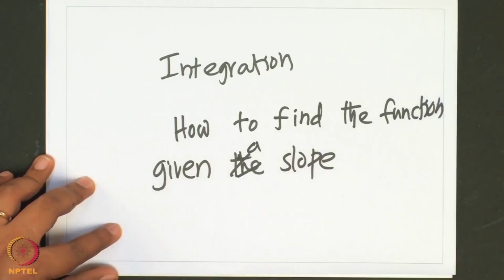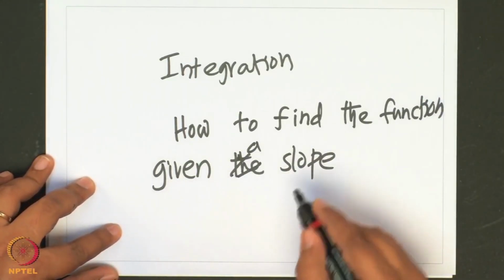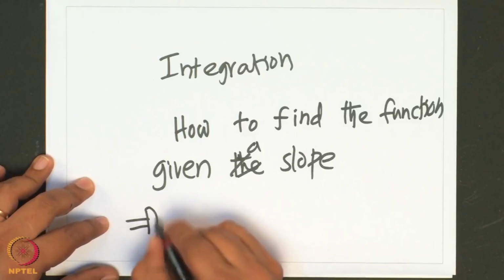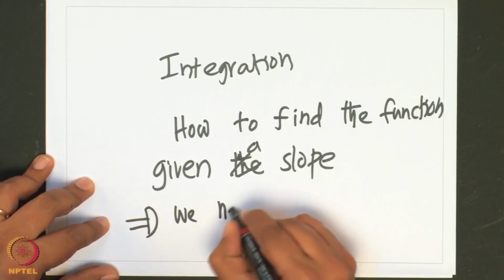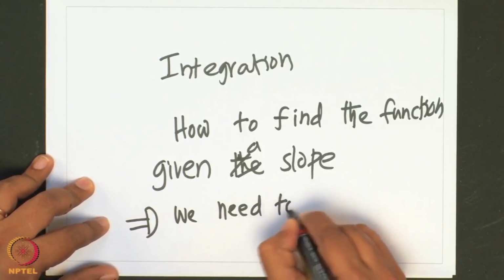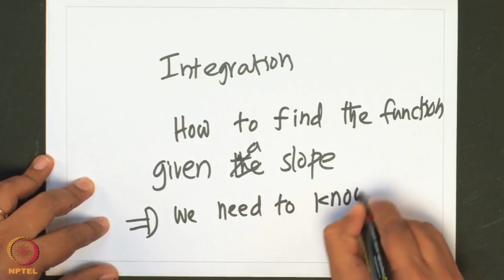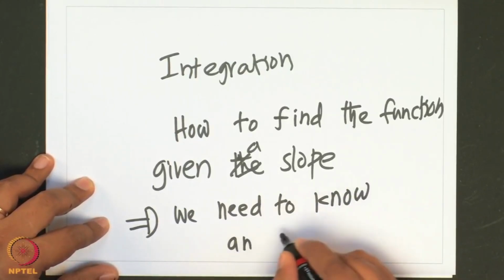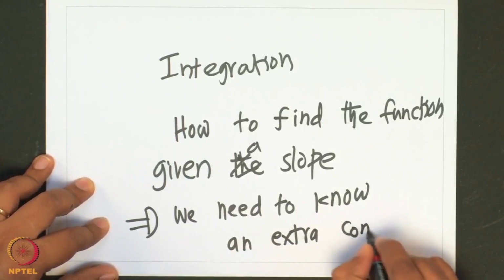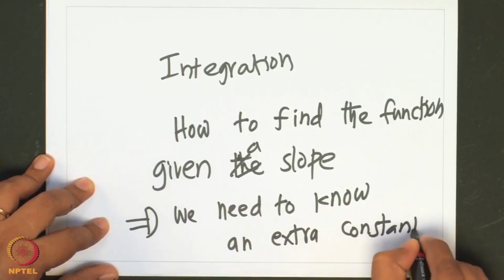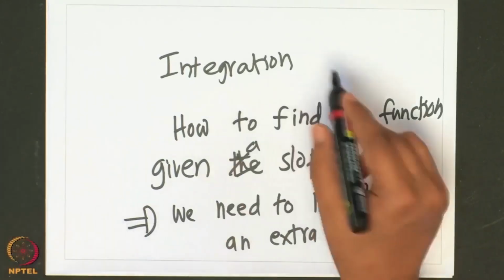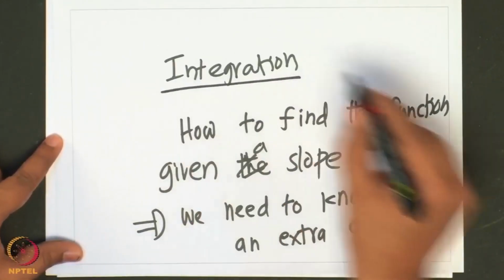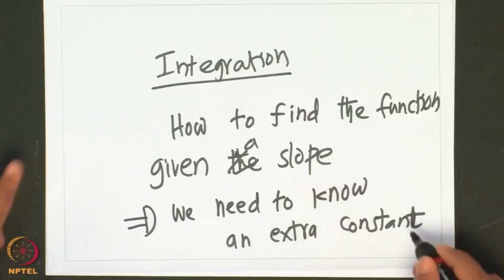Given a slope, how to find the corresponding function. We know that it is not enough. We also need to know an extra constant of integration. So, to do integration, we have to know the slope and at least an extra constant, so that we can calculate this.